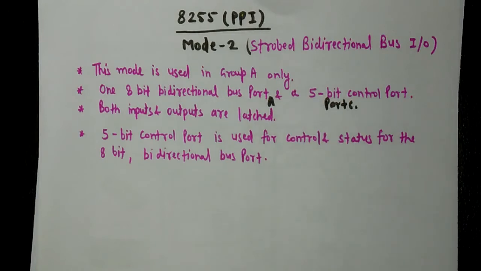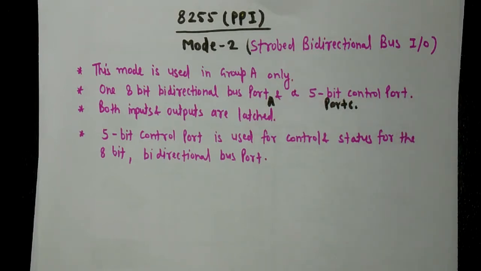That means a memory element will be present between the 8085 and the peripheral device, where data will first be stored and then transmitted either to the 8085 or to the peripheral device. The 5-bit control port is used for control and status of the 8-bit port, and we can also check the status of the control bits of port C. So these were the main characteristics of mode 2.